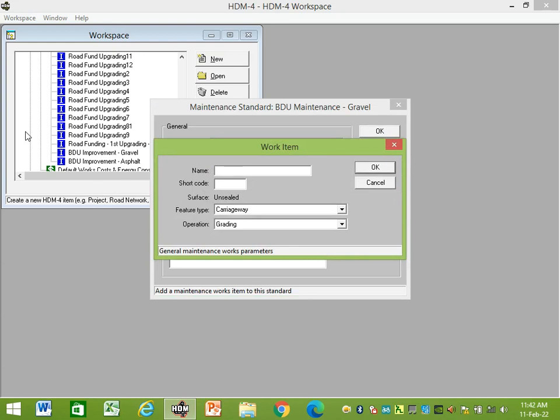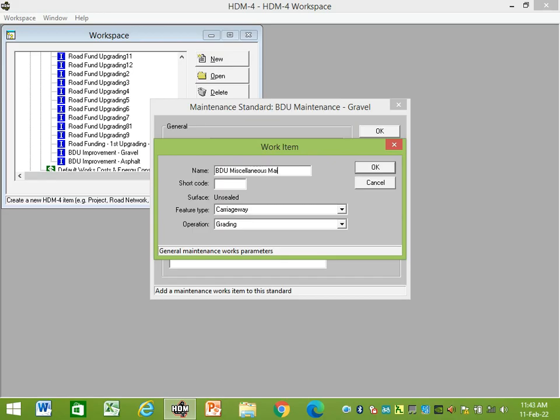So this is miscellaneous, all maintenance types, including ditch clearing and everything. So we say miscellaneous maintenance. BDU, maybe you can leave it as BDU.